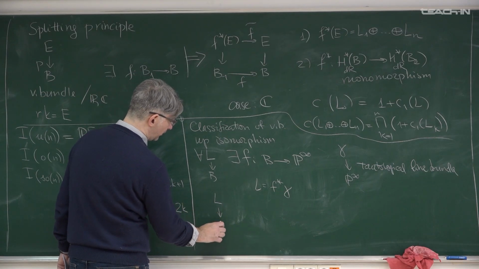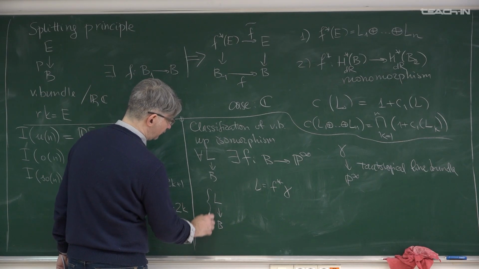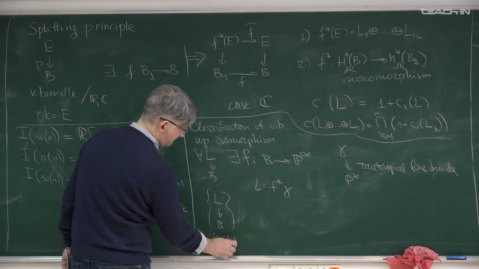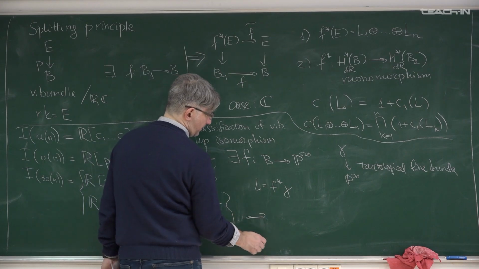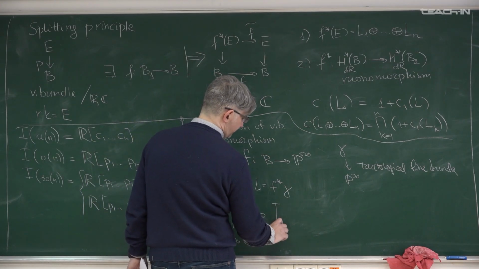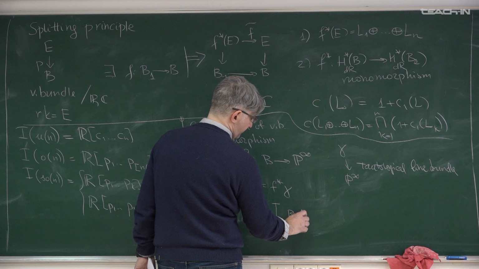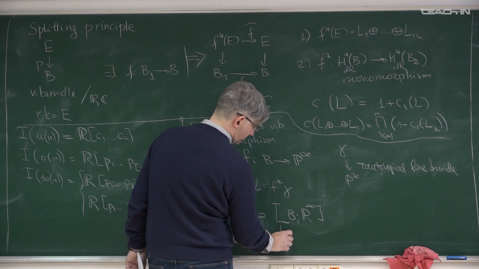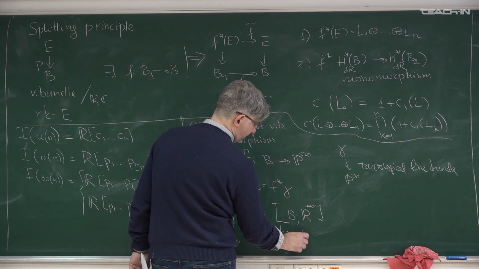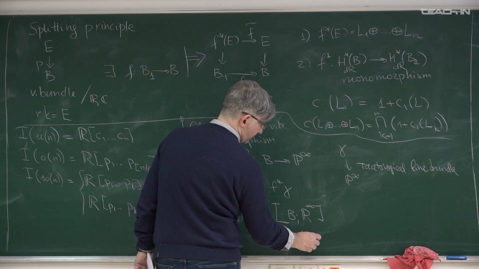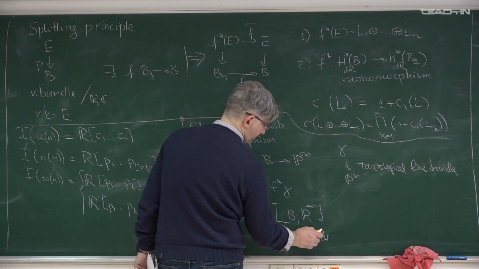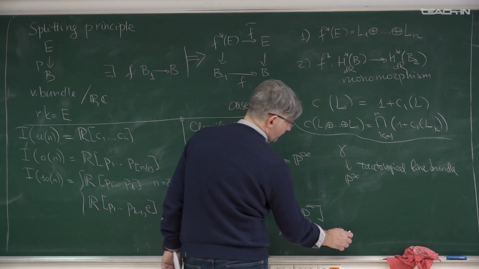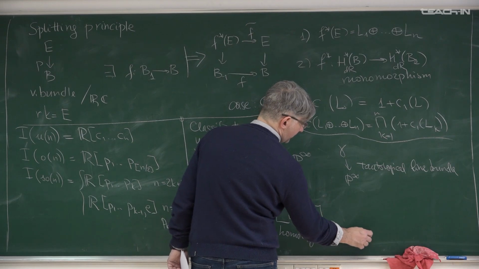There is a one-to-one relation between isomorphism classes of line bundles and homotopy classes of continuous maps.